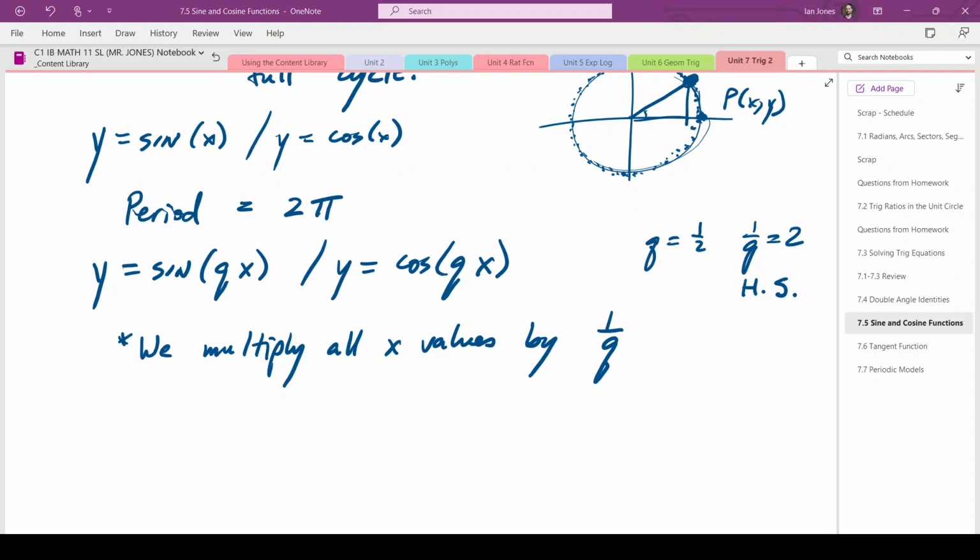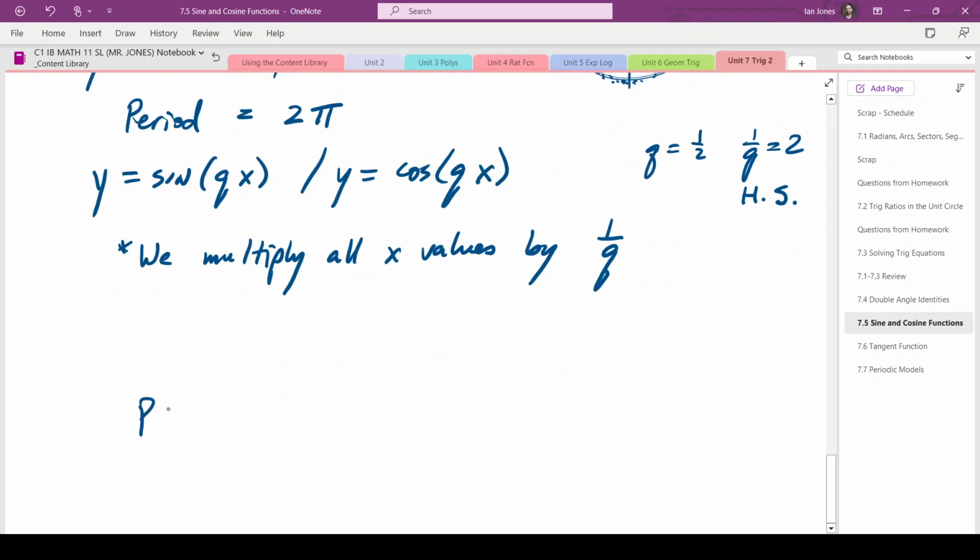Now, since we're multiplying all the x values by 1 over q, the period itself is being multiplied by 1 over q. Because that's the factor that every single x value is being multiplied by, including, if we take this endpoint of 2 pi.